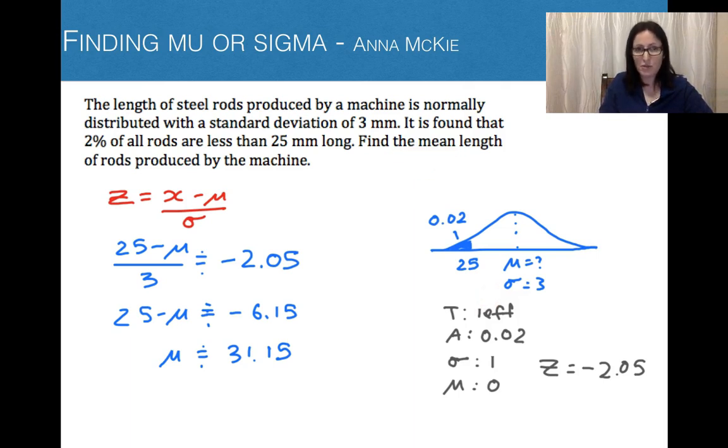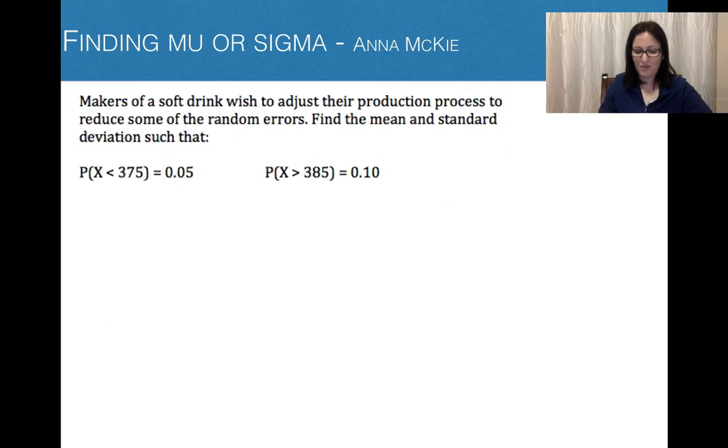The same concept would be used if you have to find a sigma, but what if you have to find both? So here's one example on that. Makers of a soft drink wish to adjust their production process to reduce some of the random errors. Find the mean and standard deviation such that we've got these two facts. Again, draw yourself a picture. So let's have a think about what we've got there, just drawing a bell curve each time.